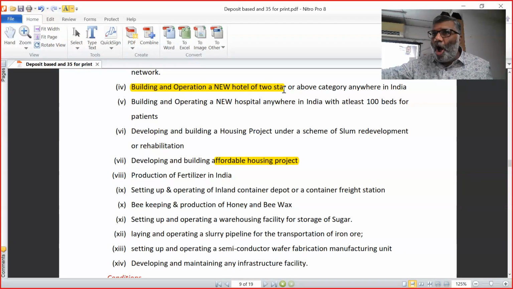And is he operating it as a hotel? Yes. You should not build an assembly building and then operate it as a hospital. So you have built it as a hotel, operating it as a hotel, acceptable.